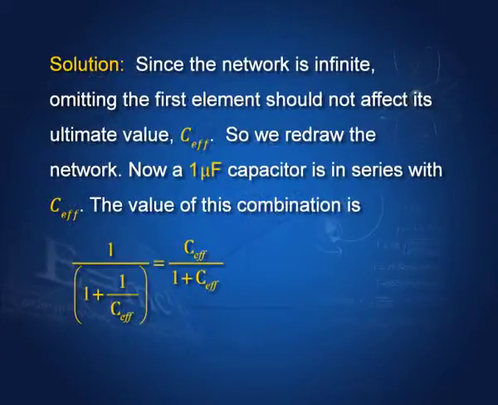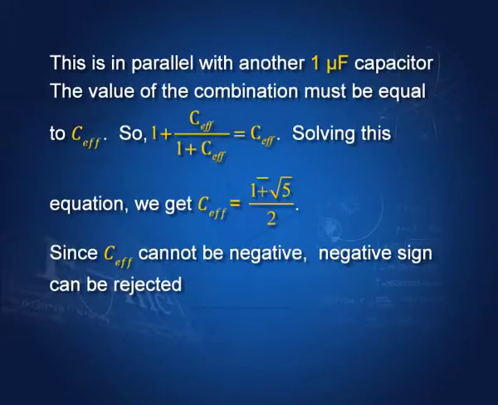So, we set up the equation: 1 by (1 plus 1 by C effective), which is the capacity of these two, plus 1, must be equal to C effective itself. Therefore, we can solve for C effective and we get two roots, (1 plus or minus root 5) by 2.